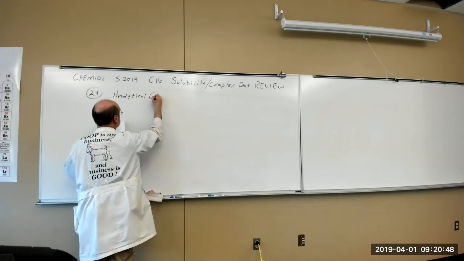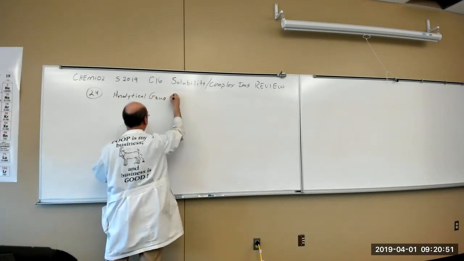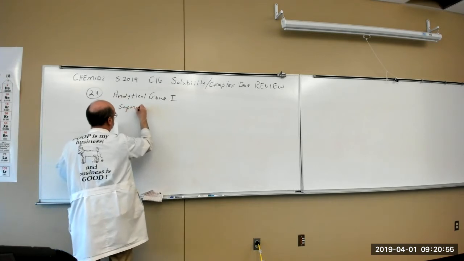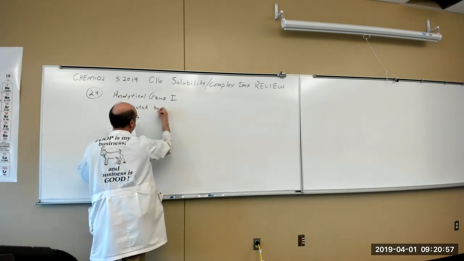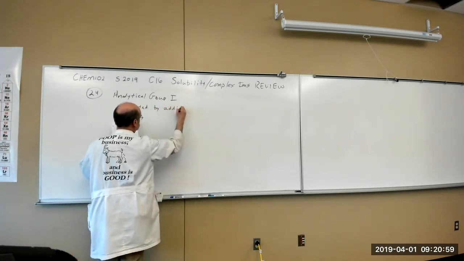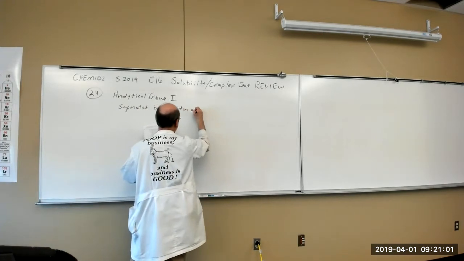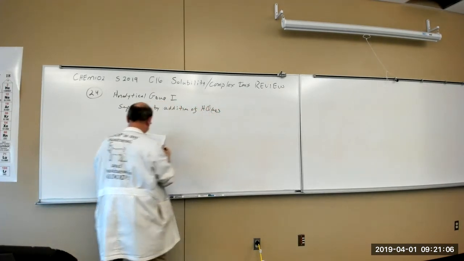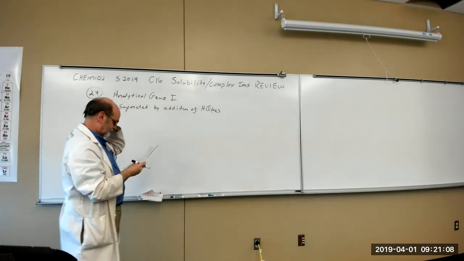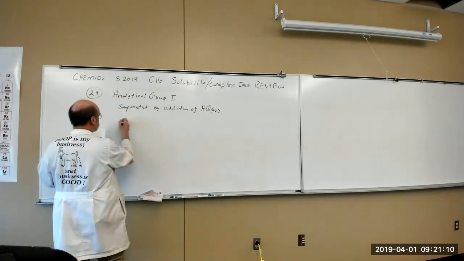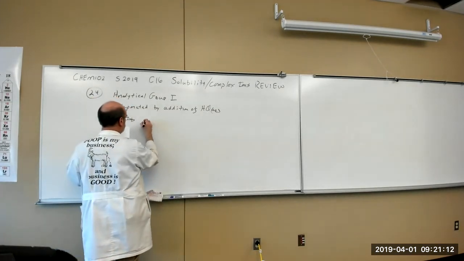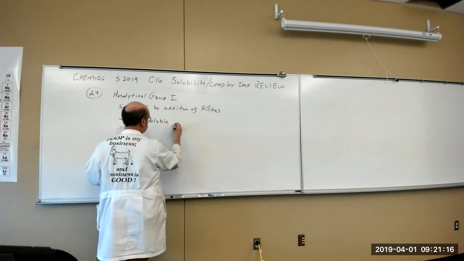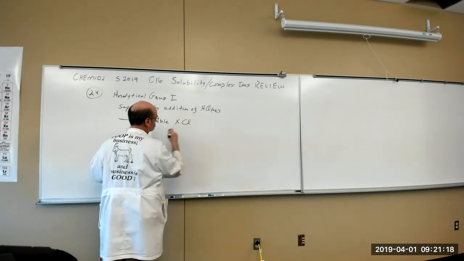Analytical group 1 is separated by addition of hydrochloric acid. And it forms insoluble metal chlorides.